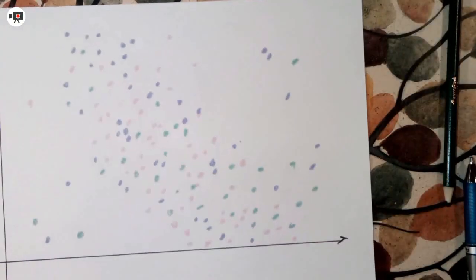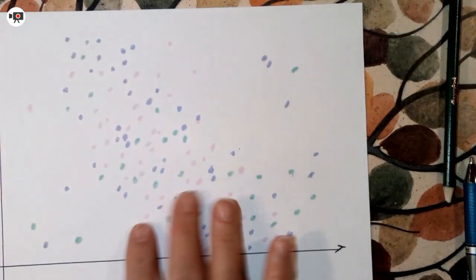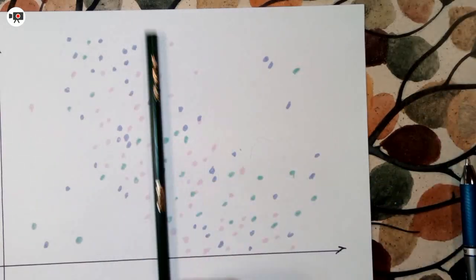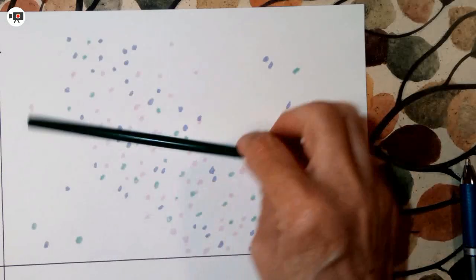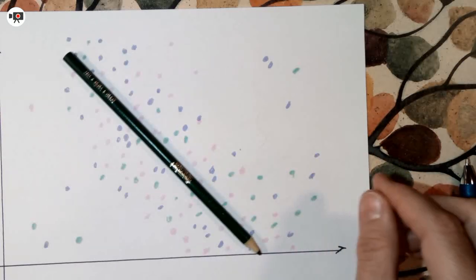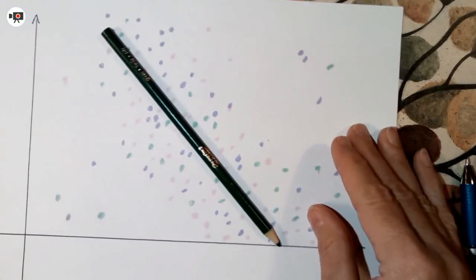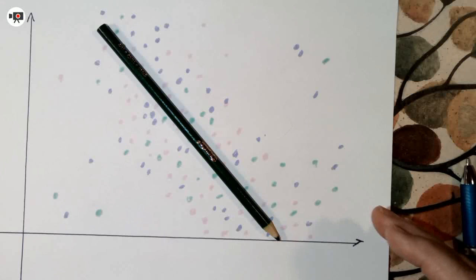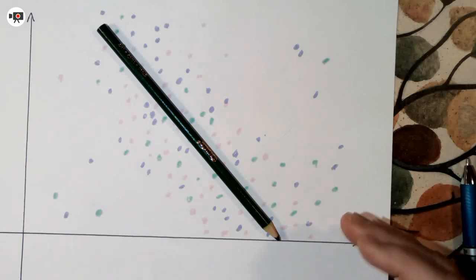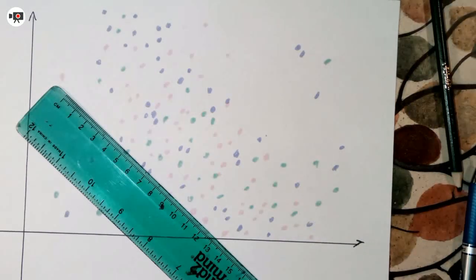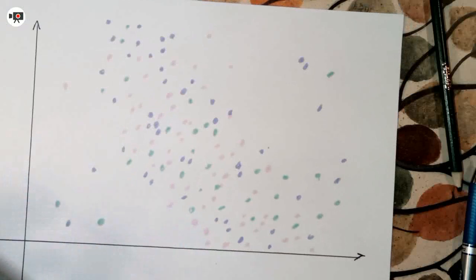Okay, how about this one? There's data here, there's data there. Where am I going to put my line of best fit? Let's see. Again, there's half on the left and half on the right. There's half on the top and half on the bottom. But that's the best. Somewhere along in there, it shows us that the data is generally going down, that it is correlated, there is a relationship, and it's generally going down, and I can draw me a line of best fit.